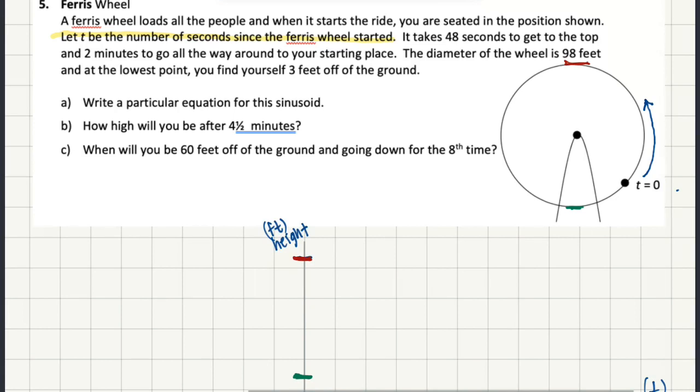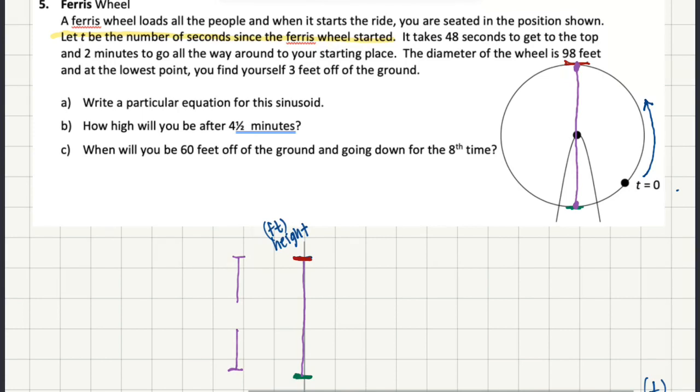And the difference between the lowest and the highest height is going to be the diameter of our Ferris wheel. So this distance between the low and the high is the diameter.